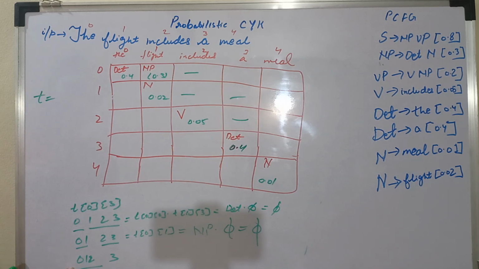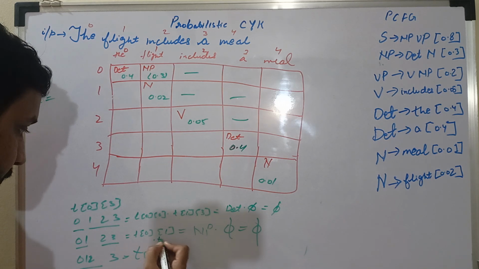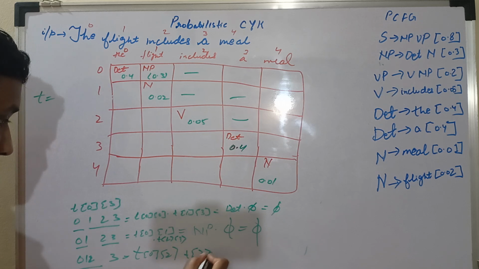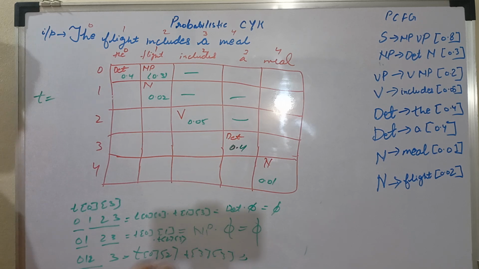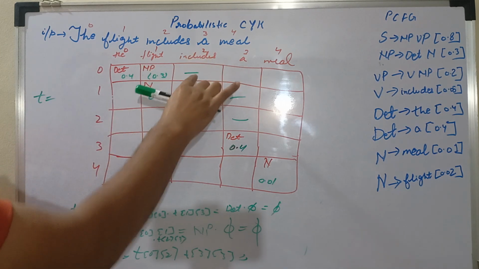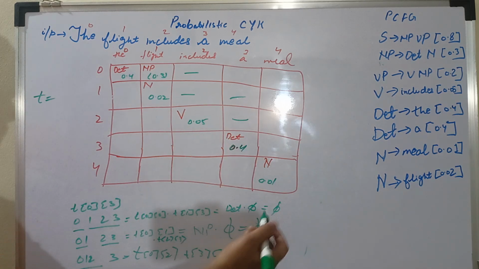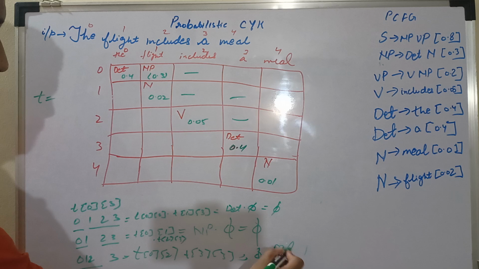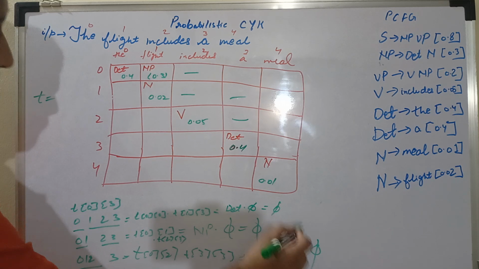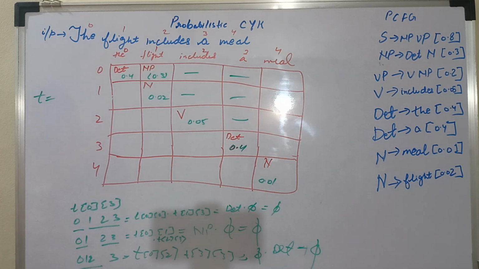The last one is T02 into T33. So 0 2 is 5, and 3 3 is a det, but 5 into det would become 5 alone, so this is also not available.